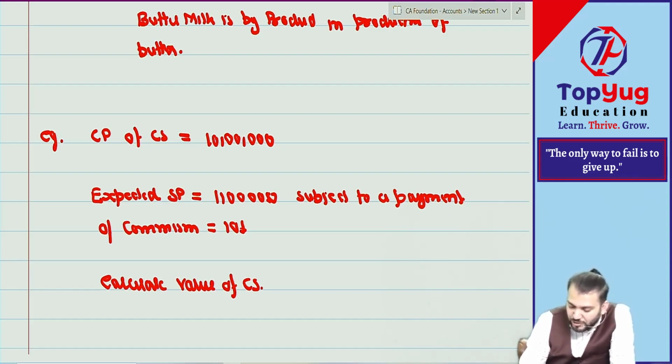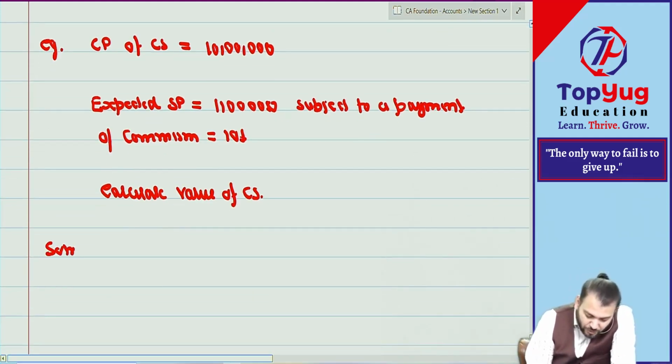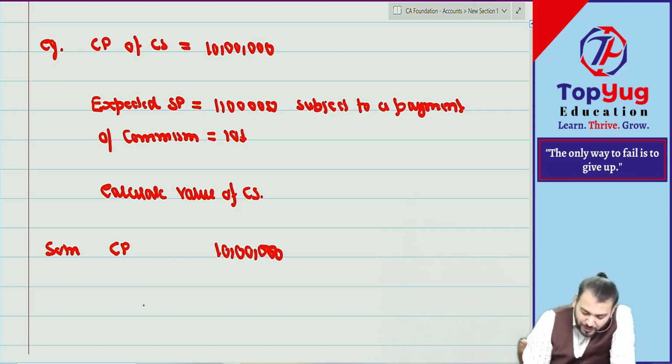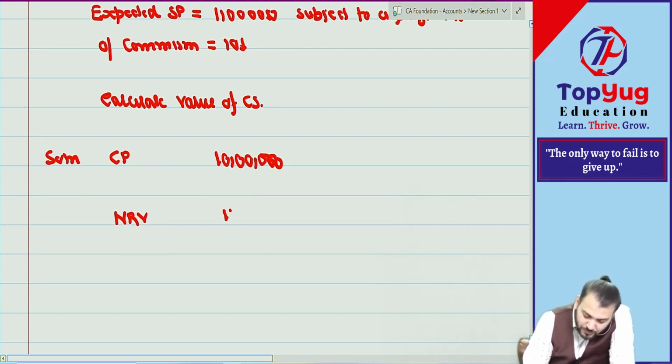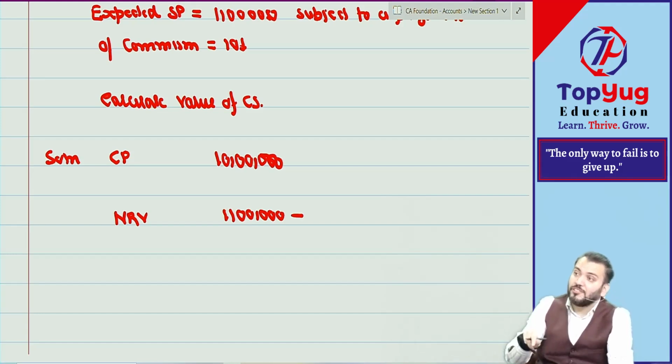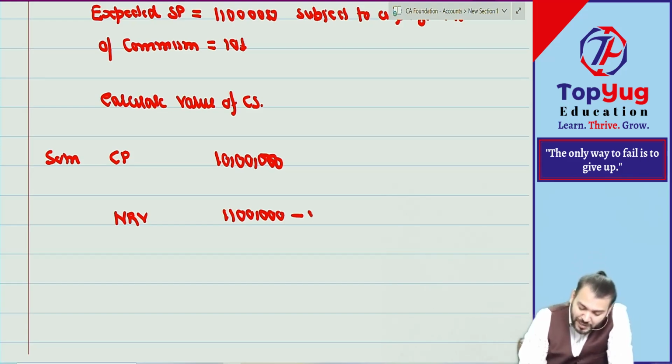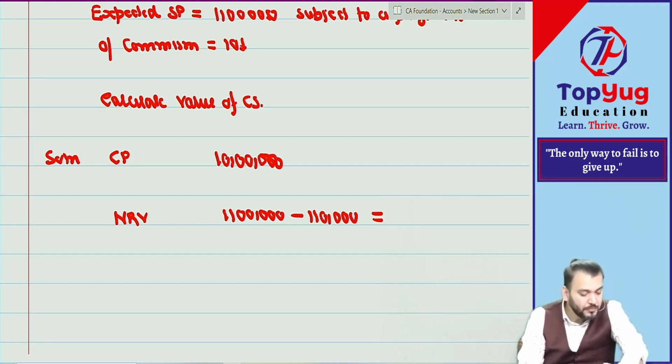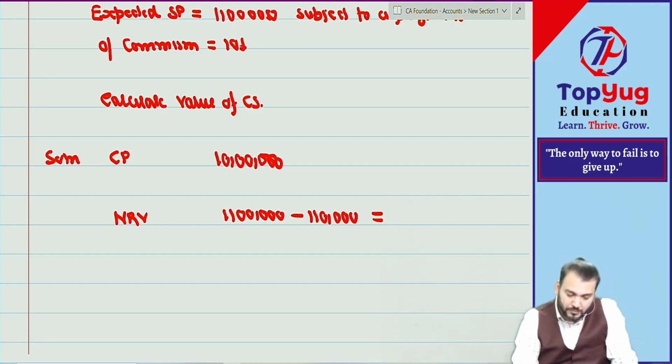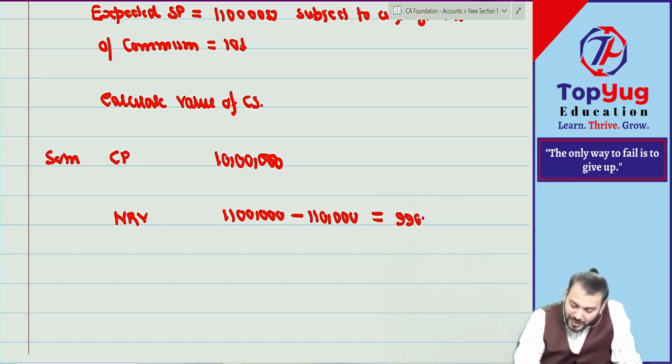In this question, first we'll find out the cost price. Cost price is given. So what is the cost price? 10 lakh. Then we need to find out what? NRV. What is the expected sale price? And what is the expected selling expense? Subject to a payment of commission. Means to sell you need to pay commission. So what is the expected selling expense? 10% of 11 lakh means 1 lakh 10,000. So what is NRV? NRV becomes 9 lakh 90,000.